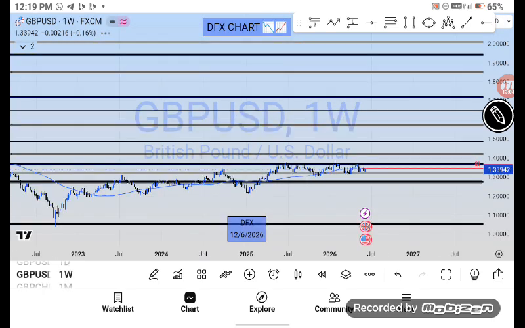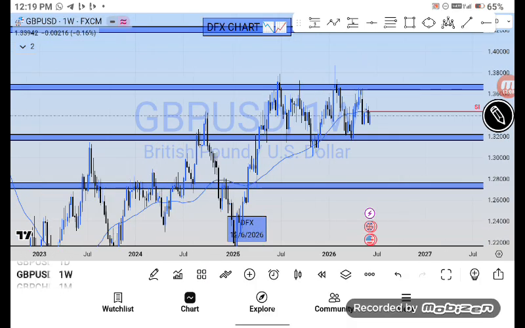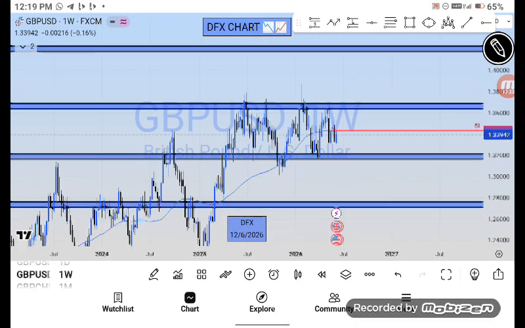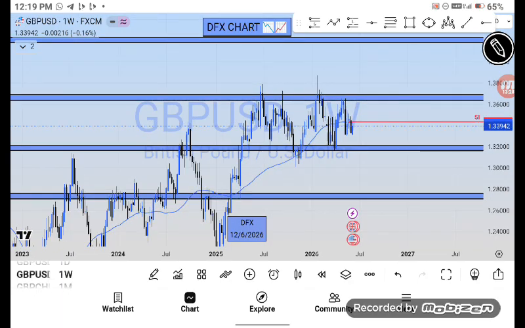Okay, so this is GBP/USD. Like I said, top-down analysis. Let me quickly touch on this and then I'm going to cut the video, because the video is not supposed to be long. Now this is GBP/USD on a weekly time frame.